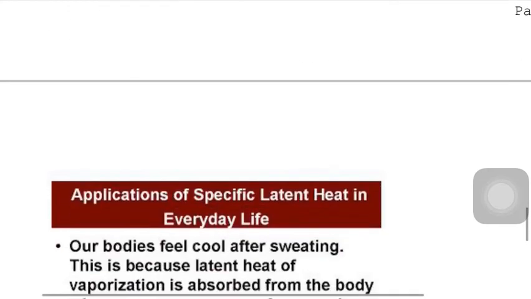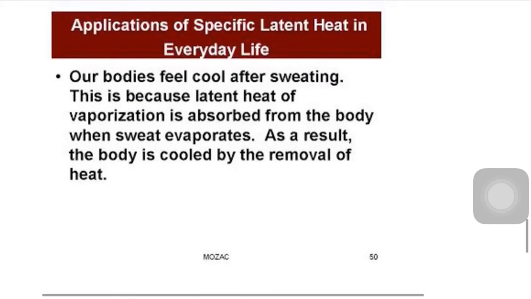Not only that, the reason why you feel refreshed, that sense of cooling when a breeze passes by you after a workout or a very tiring exercise with a lot of sweating, is that the sweat is becoming vapor, and during that process it is absorbing the latent heat of vaporization, that much energy from your body. So your body loses heat energy and your body temperature goes down.